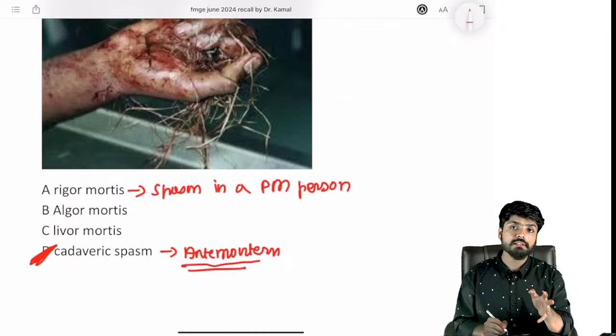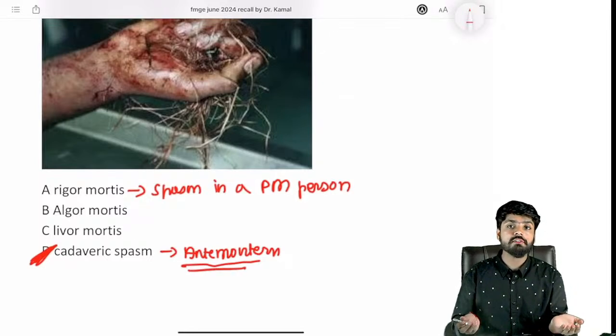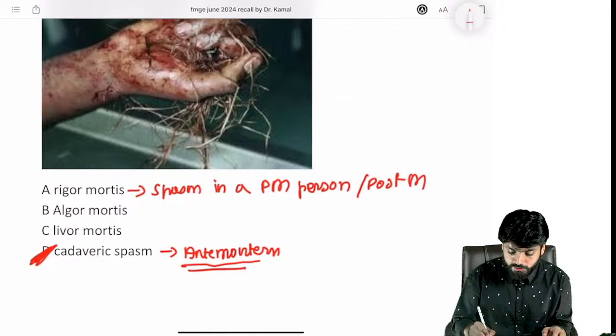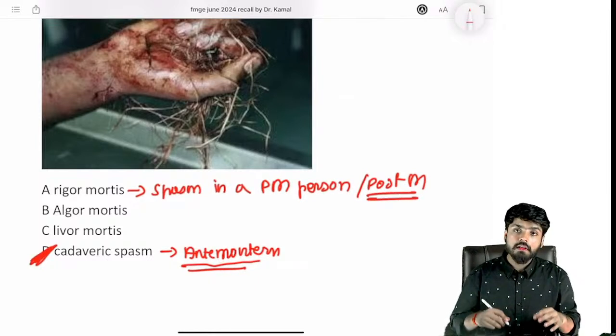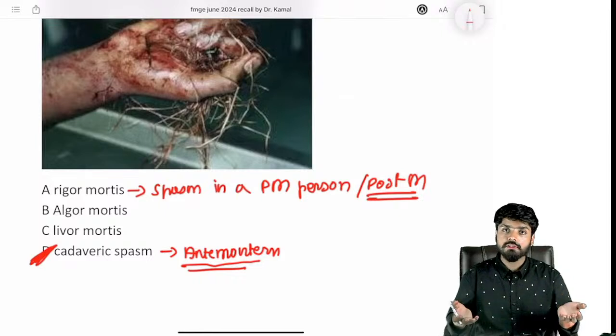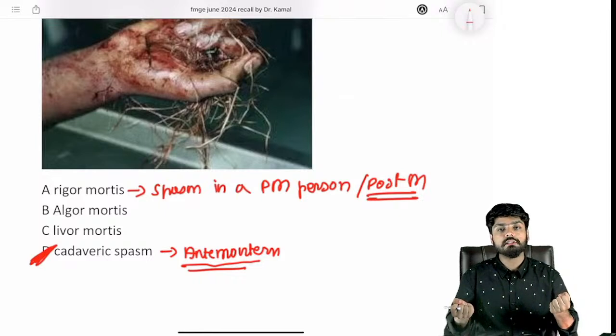Whatever spasm we see in a patient who was initially relaxed and now his body is having spasms, it's rigor mortis, a post-mortem finding. In rigor mortis, initially there was relaxation, then suddenly there is contraction in the body.